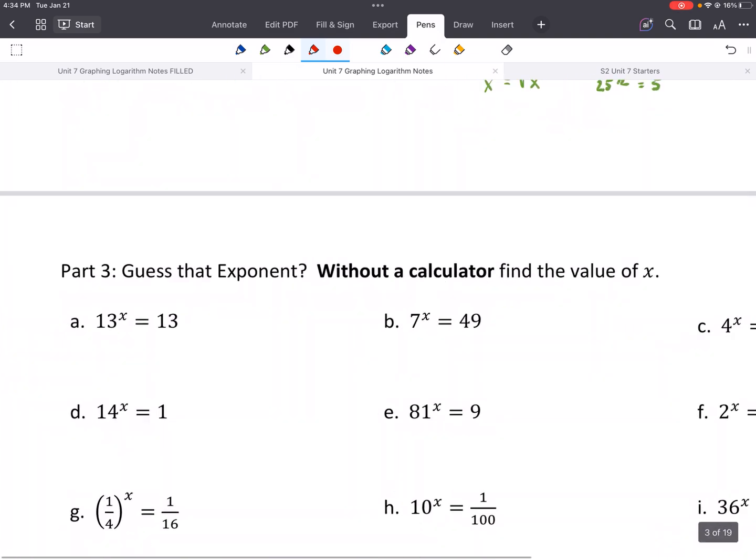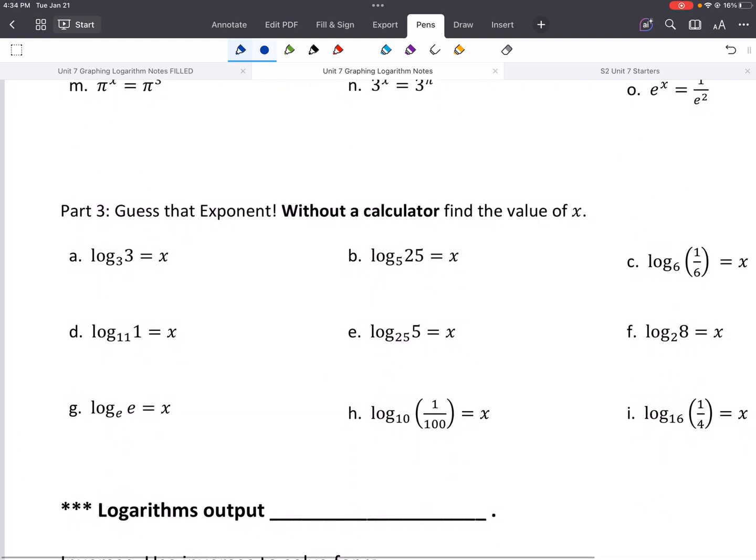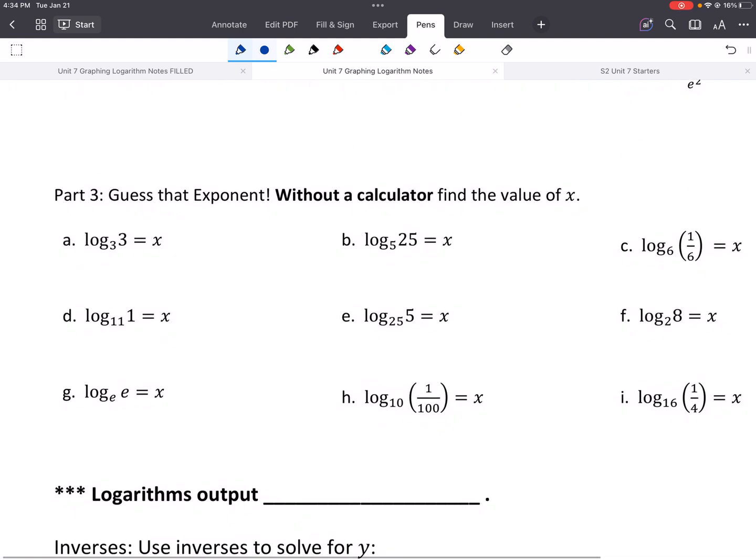Let's go on and do some of these examples. This is getting you into the process of finding the exponent. What is the exponent for these problems? Then we're going to look at log functions, and that's really what you're going to see on your homework.